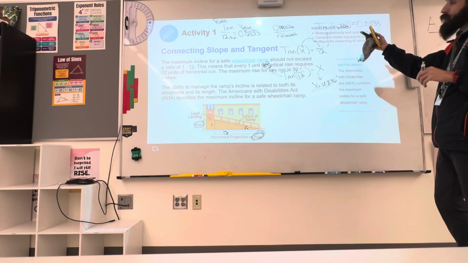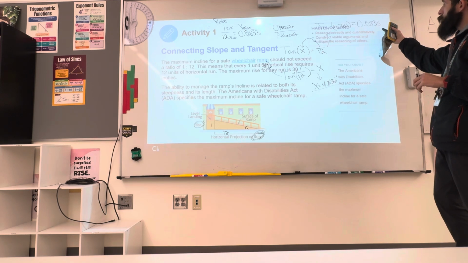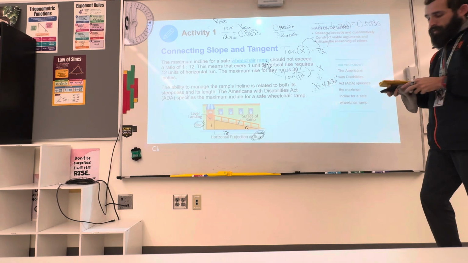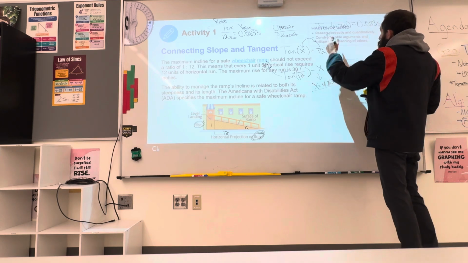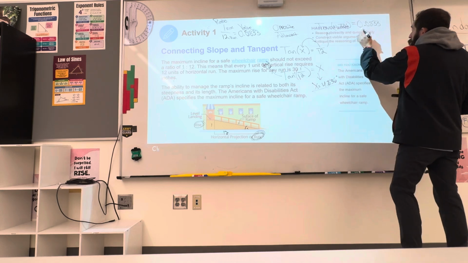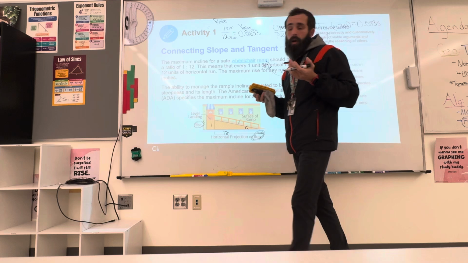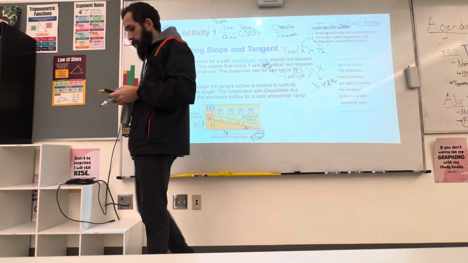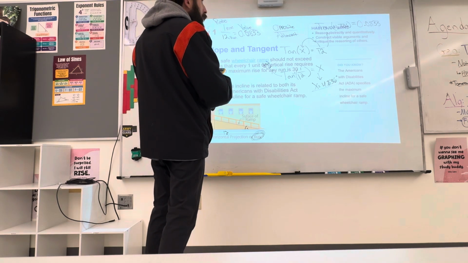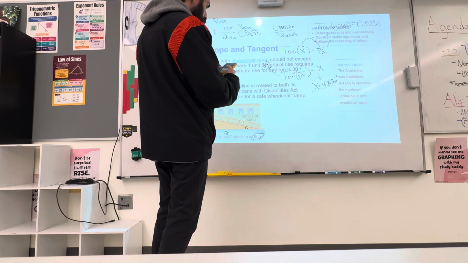Now I want you to do one last thing for me. Let's try and make sure this equation's true. Let's make sure that 0.0833 does in fact equal 0.0833. In order for that to be the case, the tangent of 4.7636 must be this number. If the tangent of this is not this number, then we're doing nonsense. Then we're not doing anything valuable right now. So let's do it. Tangent of 4.7636.